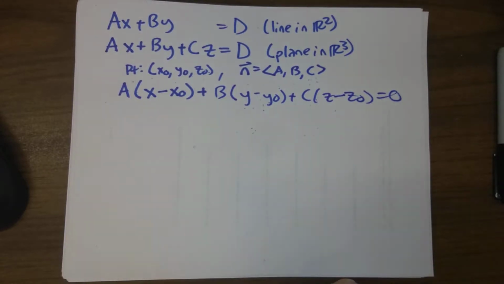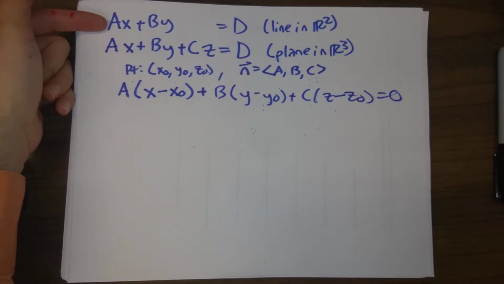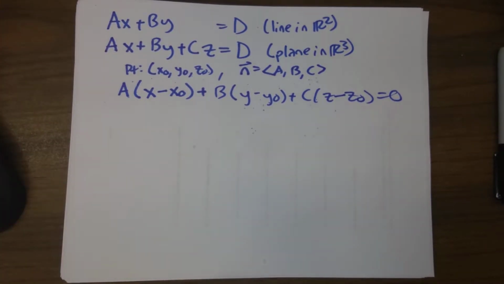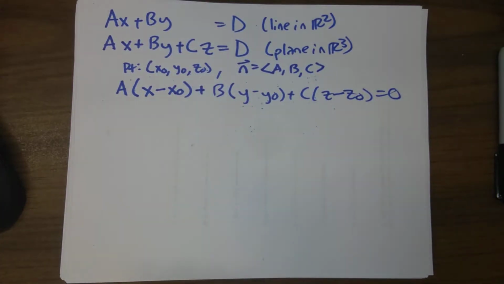And so this video is going to try to examine similarities between this form of an equation for lines in R2 and this form of equation for planes in R3 to show you that there's good overlap between the two and to help motivate and help justify why these two equations are the way they should be.